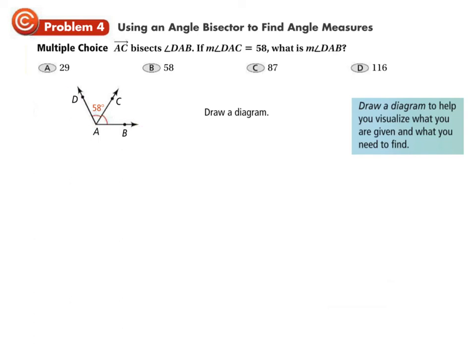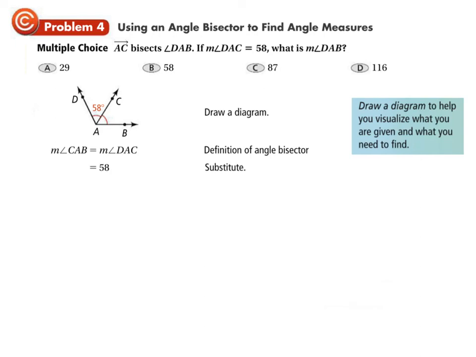So what do we say that we know? Since these have the same angle marks, they're congruent since it's an angle bisector, that angle CAB is congruent in measure, or is equal in measure rather, to the measure of angle DAC. That's what an angle bisector does.